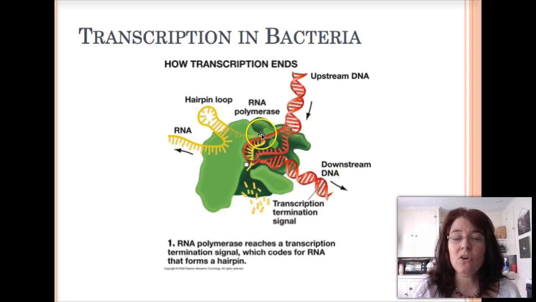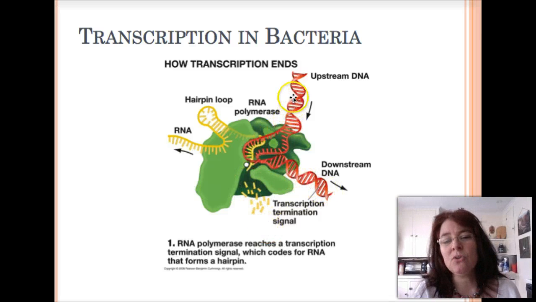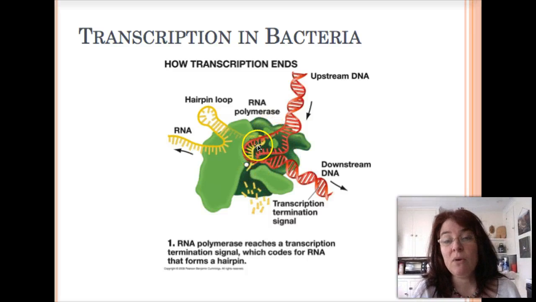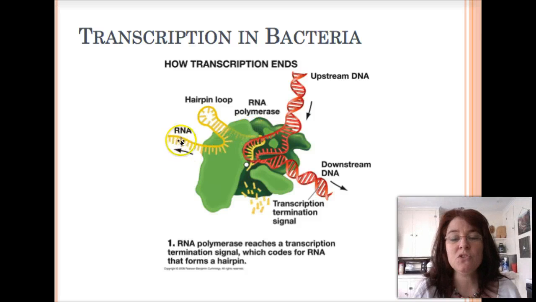You can see the core again cut in half. You can see the darker green channels. You can see the incoming NTPs. You can see the existing molecule of DNA that's being transcribed, the rudder and the zipper. You can see the growing strand of RNA. Most of it is out here. And here's our termination signal.